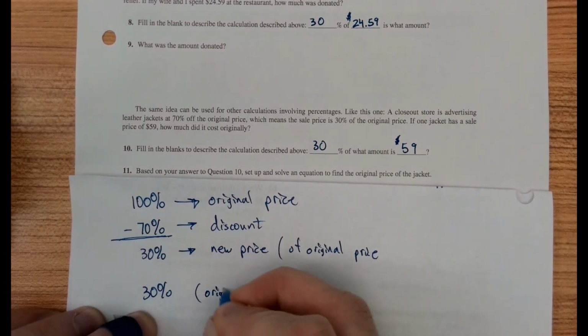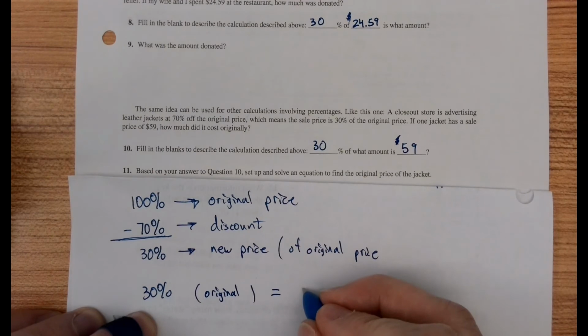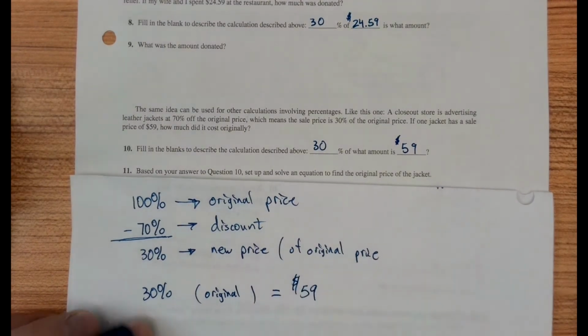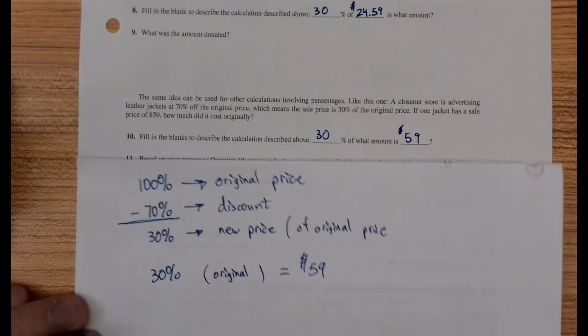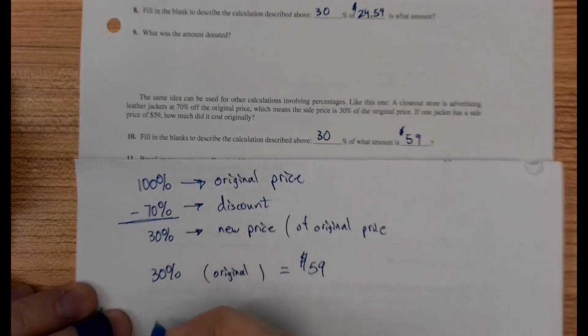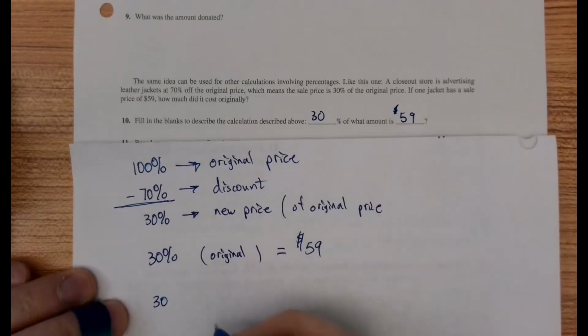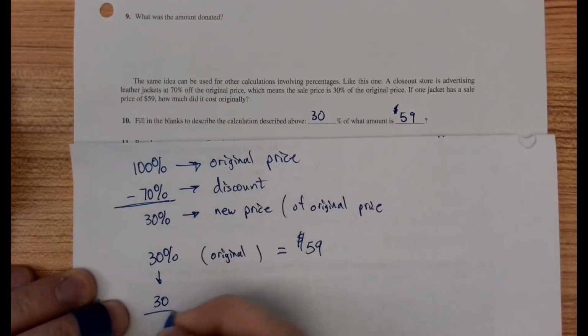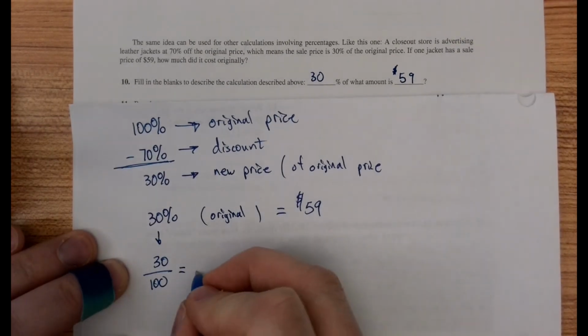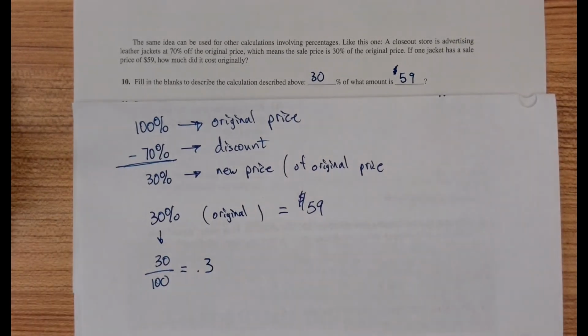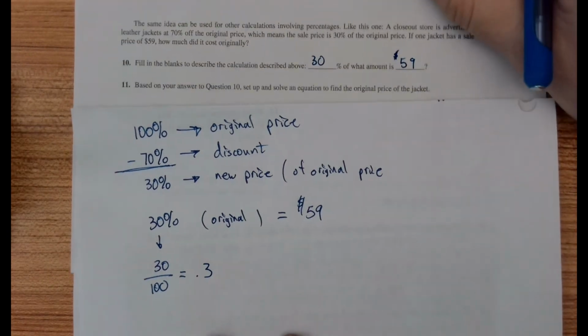We'll call this original. We ended up with a final price of $59. So we've got to do the old thing we did before. We have to convert this percentage into a usable number, or keep track that this symbol means divide by 100. Again, I think it's easier to work with the decimal, especially if it's less to type into Desmos.